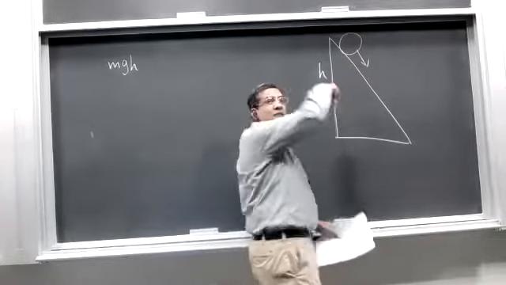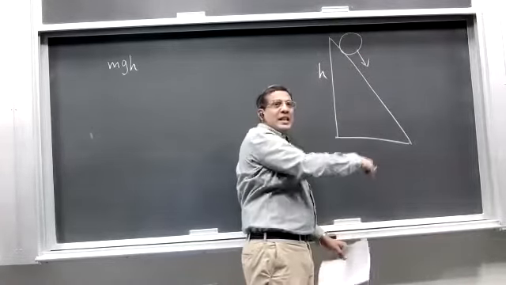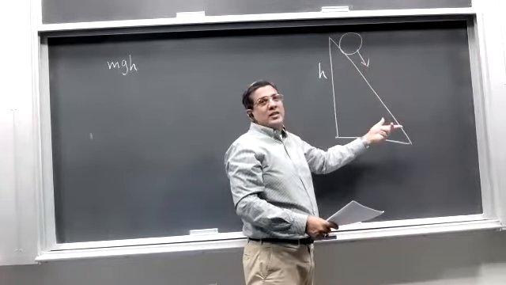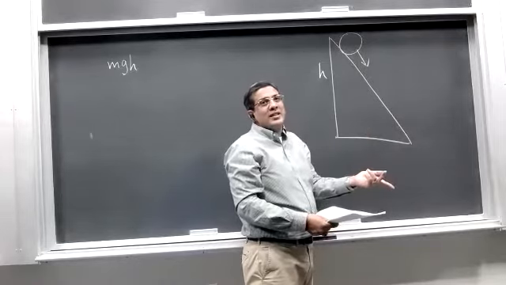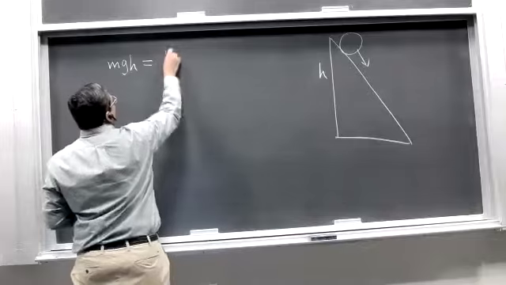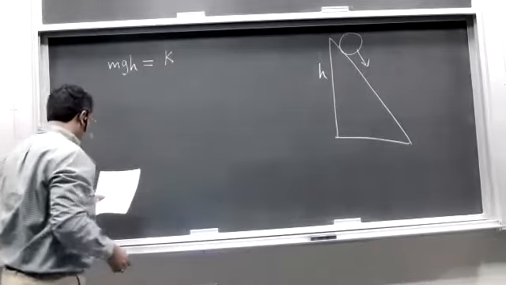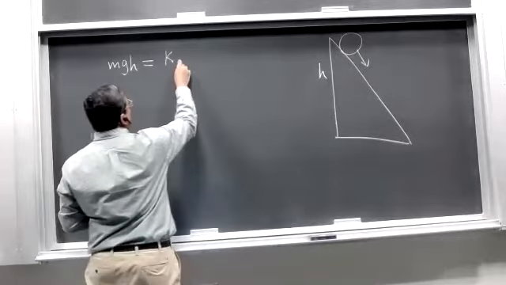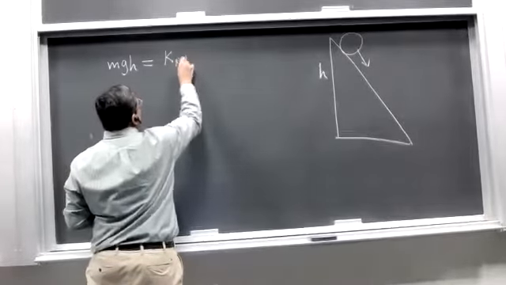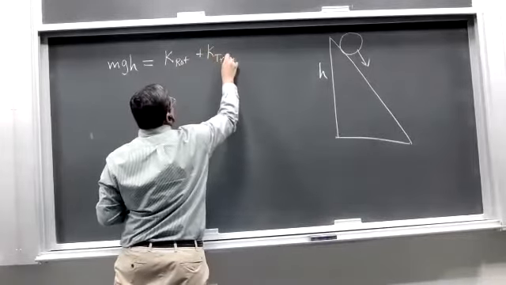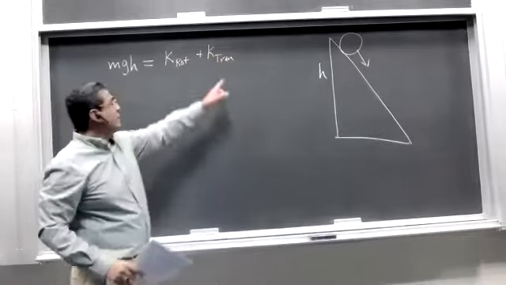One is its center of mass moving in a straight line, and the other is the object rolling around its own axis. So it has two types of kinetic energy. This potential energy from the word go, we know, would convert into the rotational kinetic energy plus the translational kinetic energy of the center of mass.